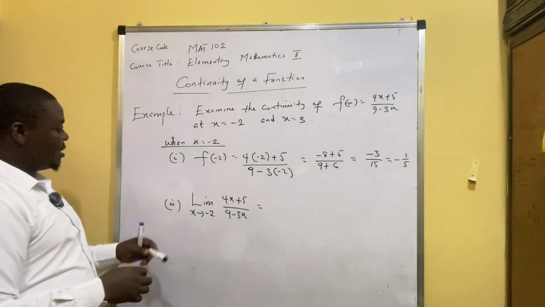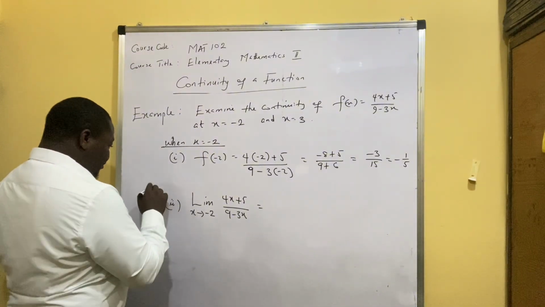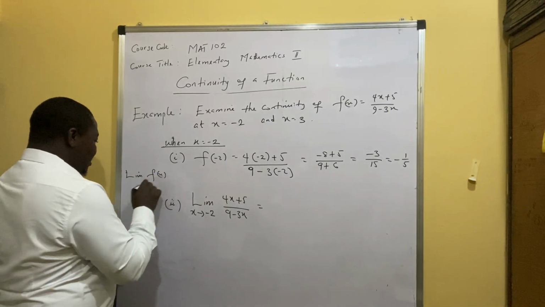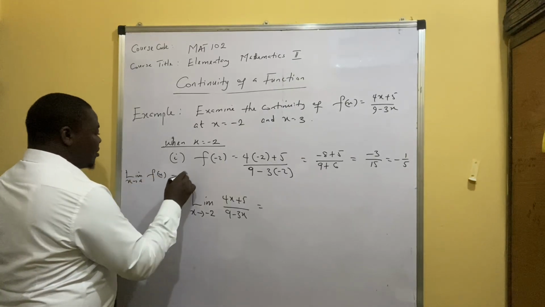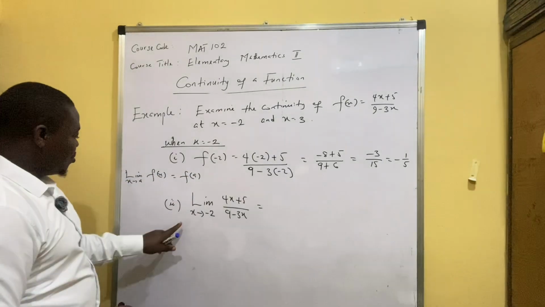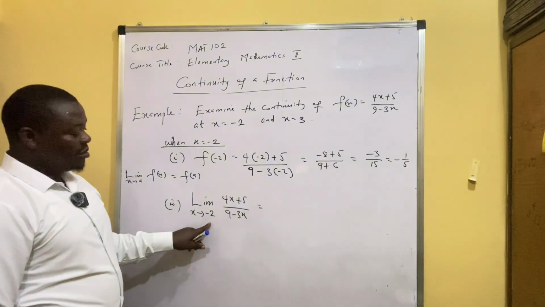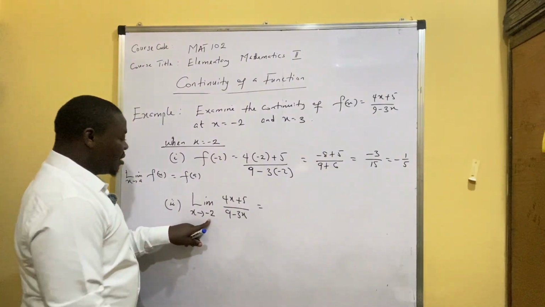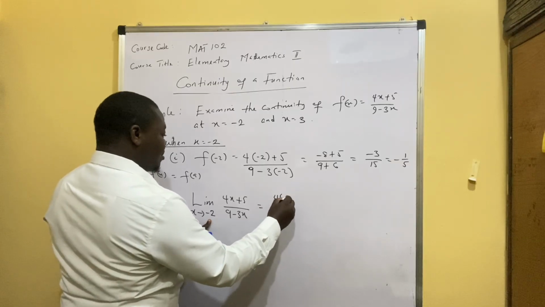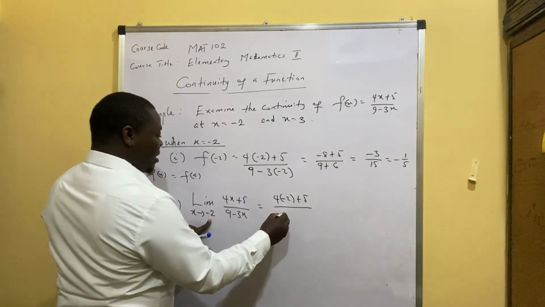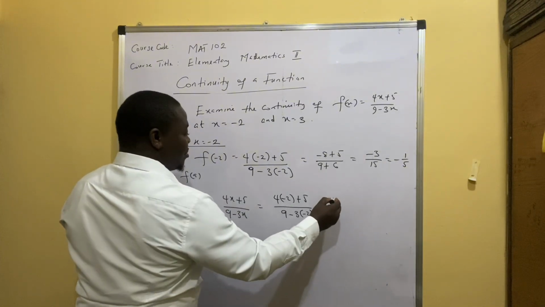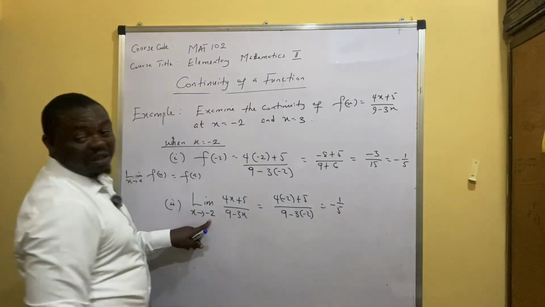Recall our last class, the limit of f of x as x tends to a is equal to f of a. So for this we substitute minus 2 wherever we see x. To do that, you can have 4 times minus 2 plus 5 divided by 9 minus 3 times minus 2. So clearly that will give us the same thing as what we have there, minus 1 over 5.